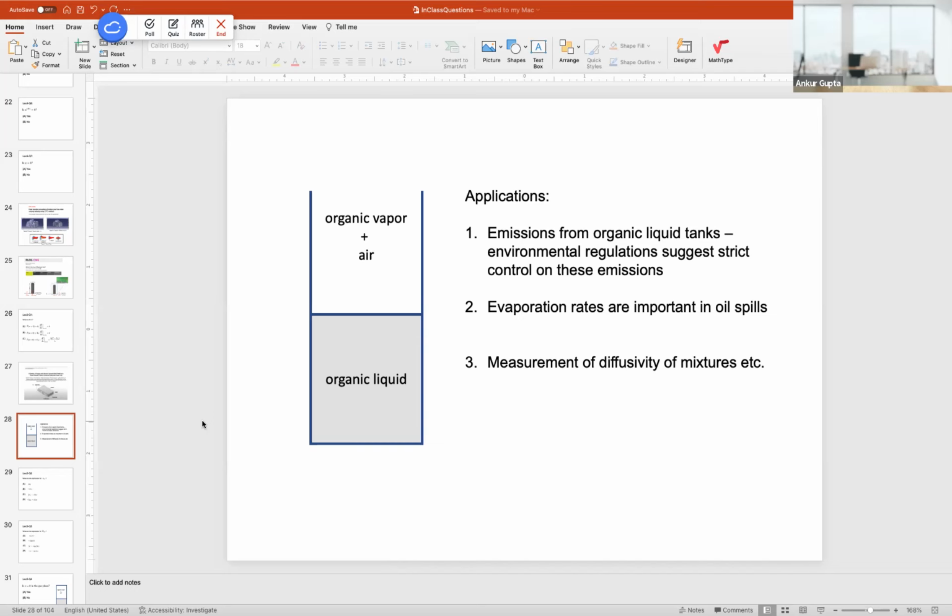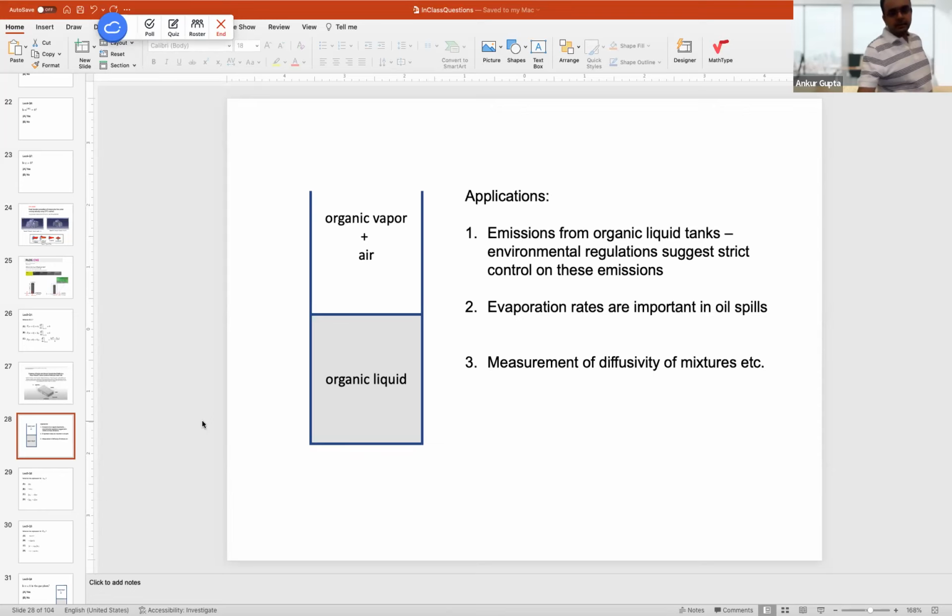These evaporation rates are also very important to understand in oil fields. Obviously, oil fields are not like a liquid column, but it gives some understanding of evaporation rates in an oil column. And very traditionally, this method is used to measure diffusivity.